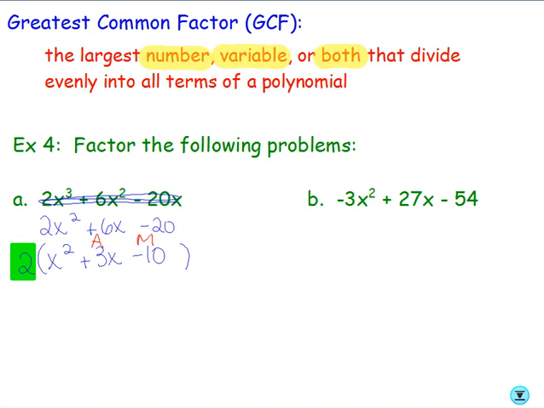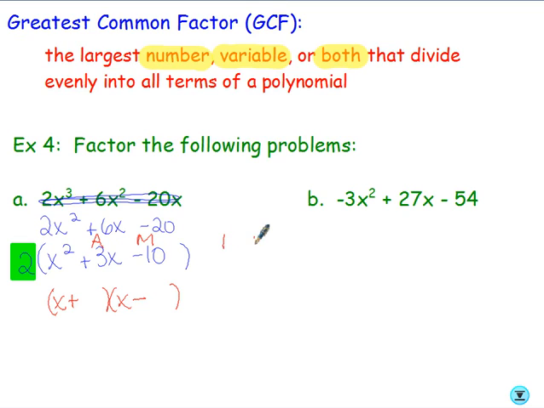So I need to multiply to get a negative. That means 1 positive and 1 negative. And I need to add to get a positive. That means the bigger one is positive. So parentheses with my x's. 1 positive, 1 negative. This guy is the bigger one. What are my only options for 10?